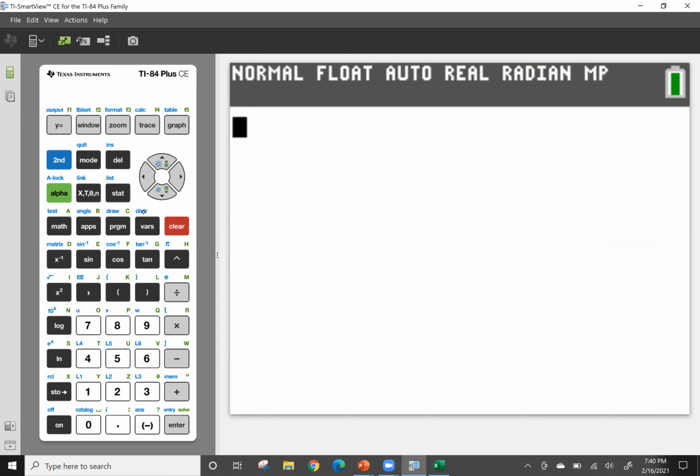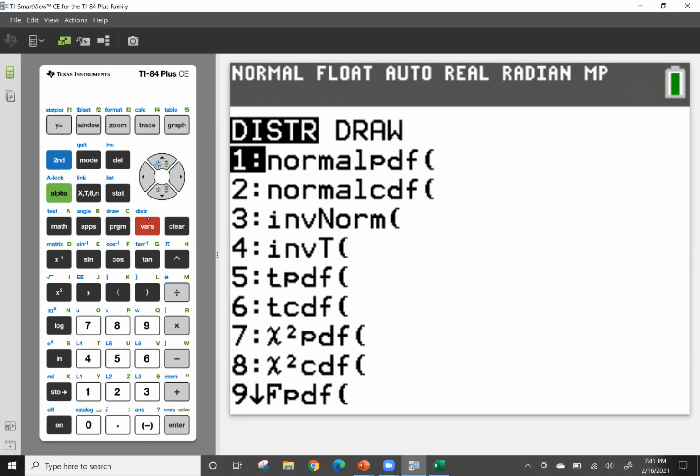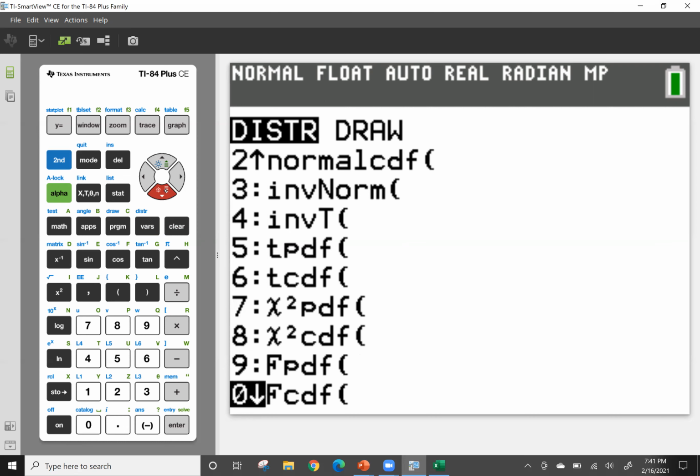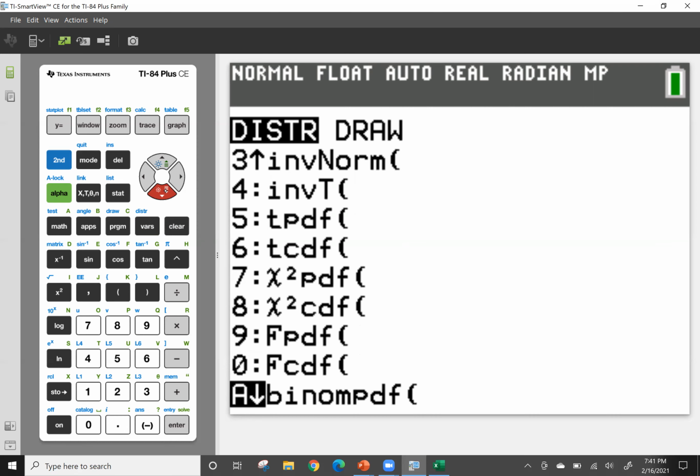That is our probability distributions. To get to our probability distributions, we're going to hit second, variables. The first menu here is our distribution menu, and we're going to arrow down through this menu until we find something that looks like binomial.